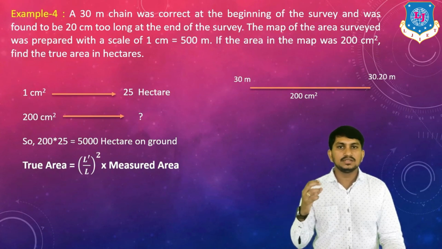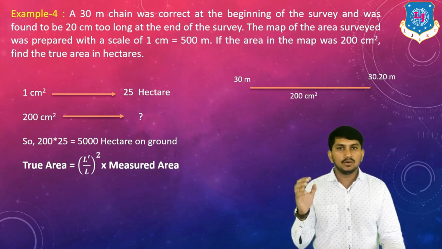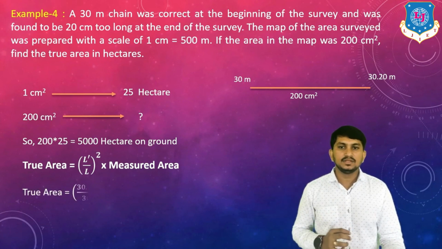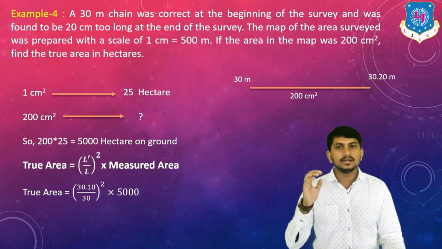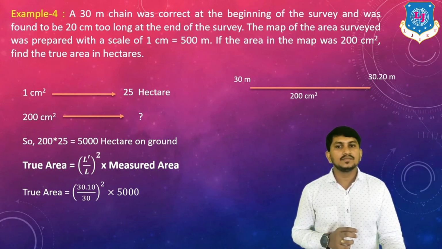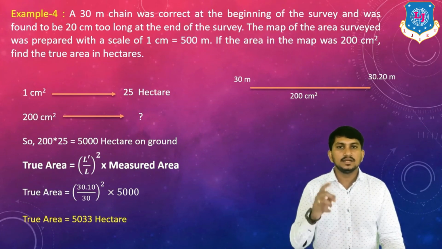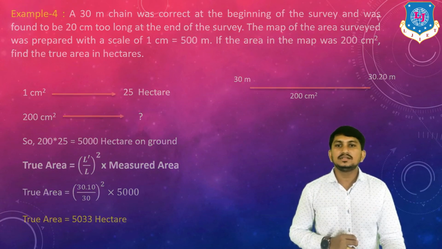We have the standard length of the chain. So the true area is equal to L dash by L whole square into measured area, which is 30.10 divided by 30 whole square into 5,000 hectares. The measured area is in hectare, so the true area is also in hectare, which is 5,033 hectares.